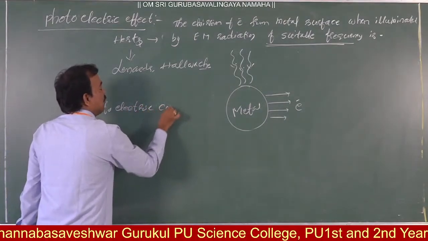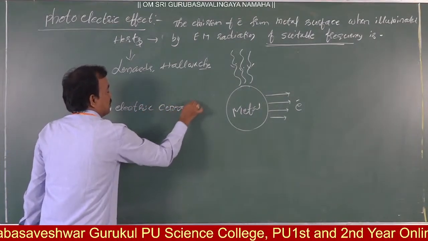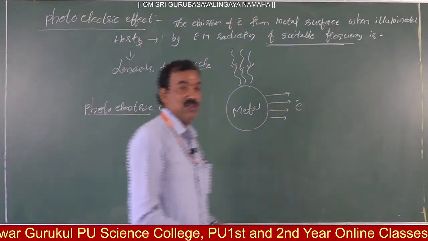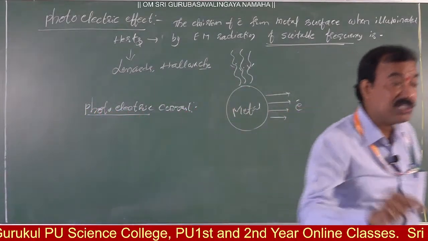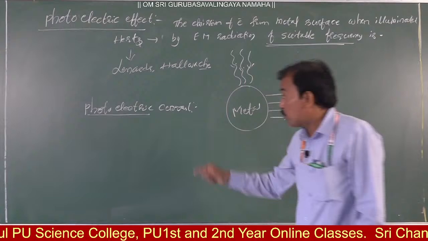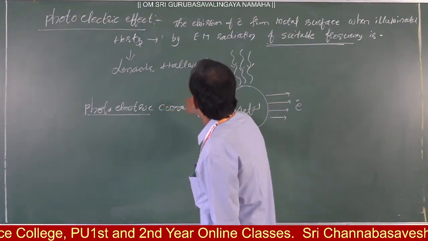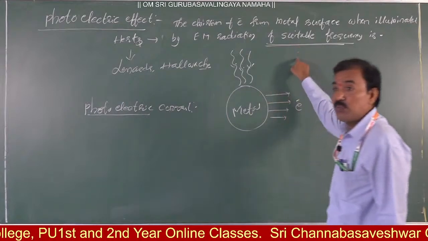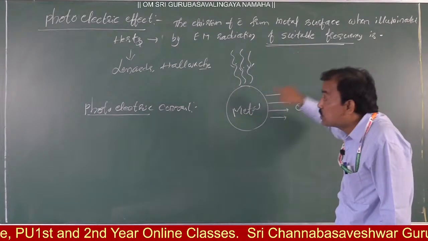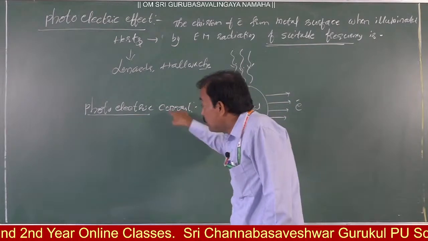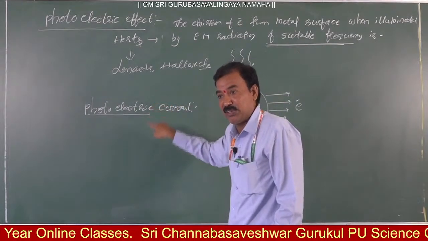This current is known as photoelectric current, PEC. That means the current passes in the external circuit when light of suitable frequency is incident on this emitter.